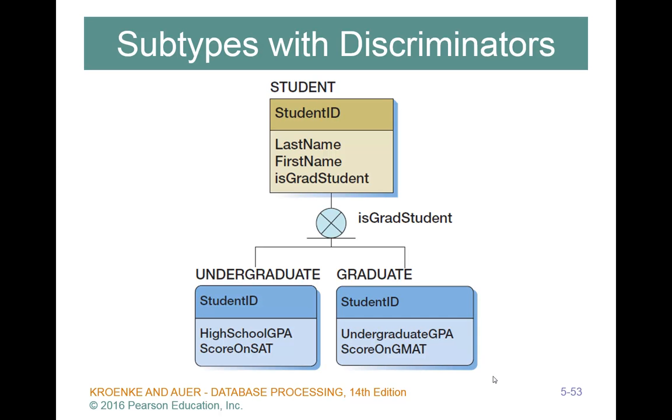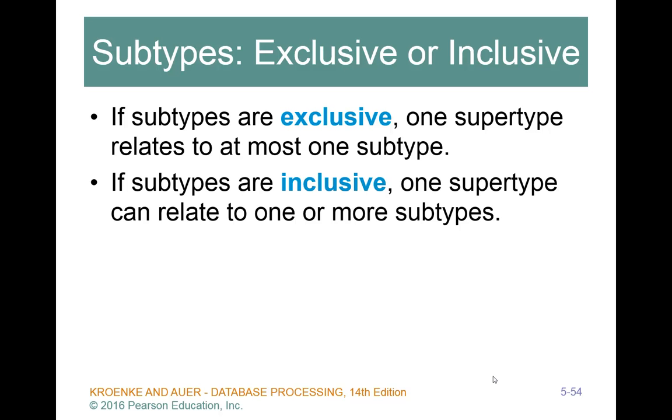If you do have a discriminator and it's exclusive, that means it has to be one or the other subtype. So the student has to be either an undergraduate student or a graduate student. If subtypes are exclusive, one supertype relates to at most one subtype. If subtypes are inclusive, then one supertype can relate to either one, all, or none of the subtypes.